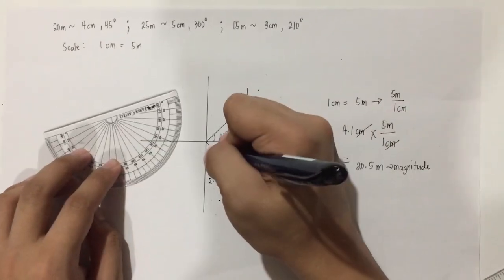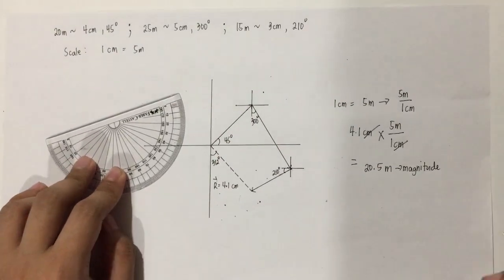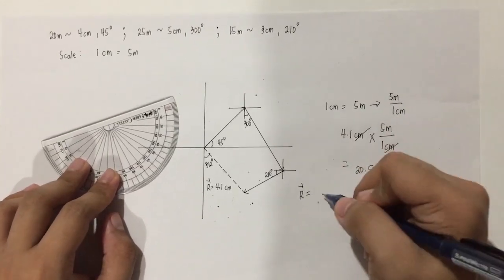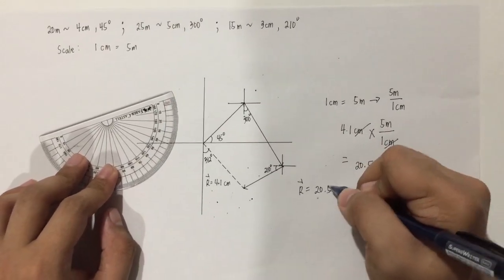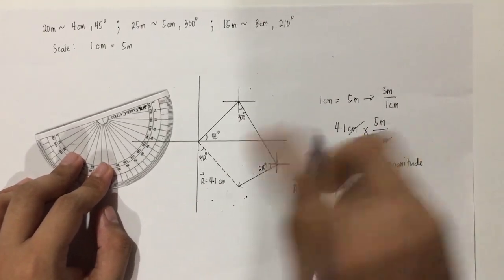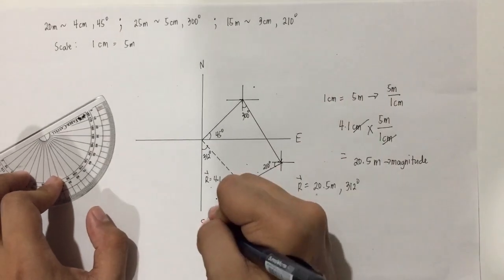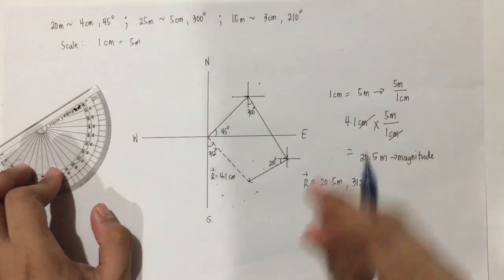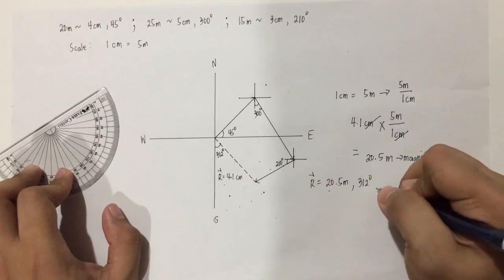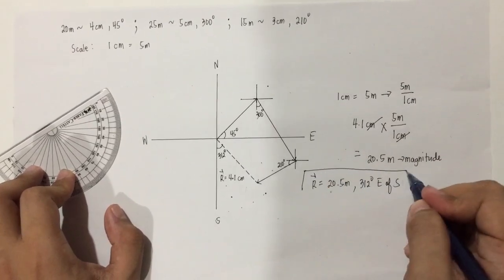So that is 312 degrees because we're done with the first quadrant, second, and third. So we just simply add the values for that particular line for the resultant vector. To identify the direction, based on the convention, 312 degrees is east of south. So that's our answer.